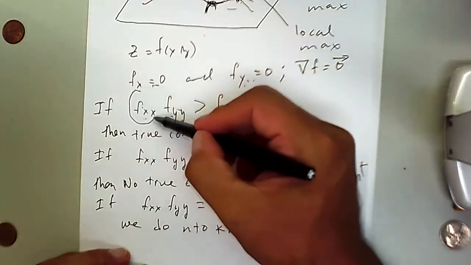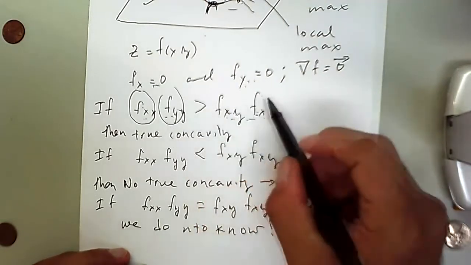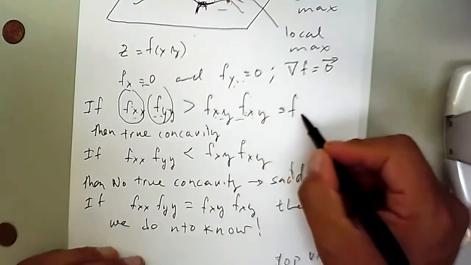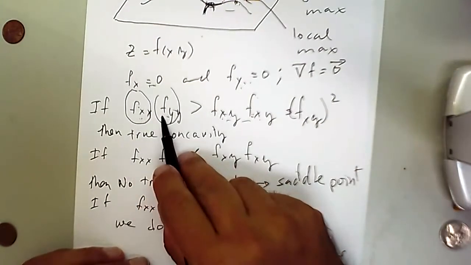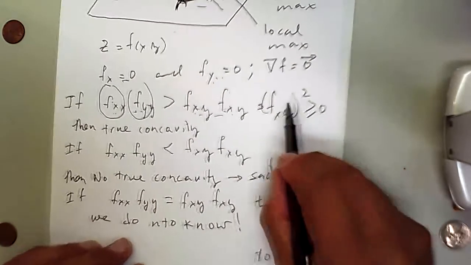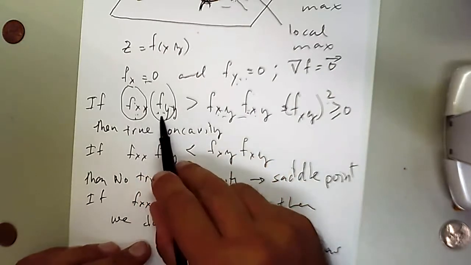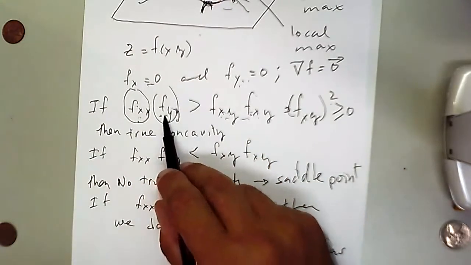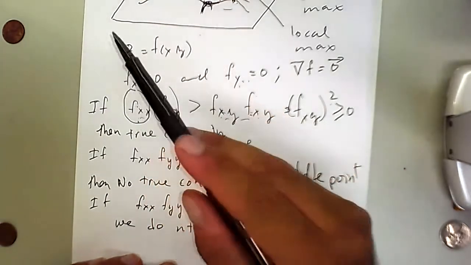This is the fxy quantity squared, which is at least 0 because we are squaring. So either those two are positive or those two are negative. Whatever the sign of one is, the other will follow suit. And if both are positive, that means that we have concavity going up.